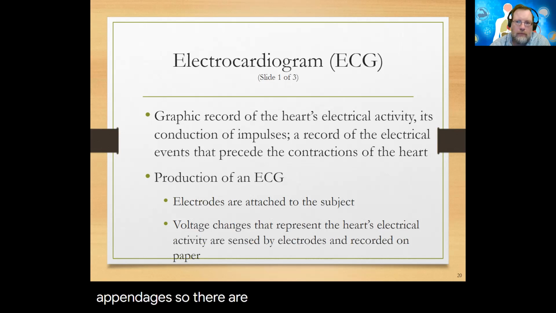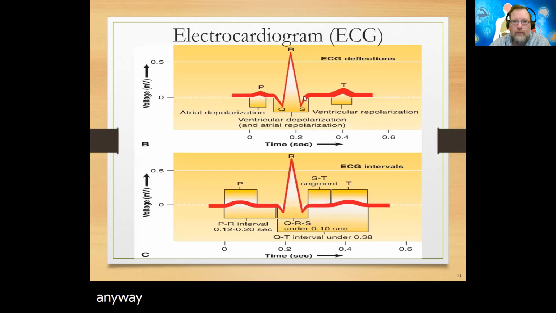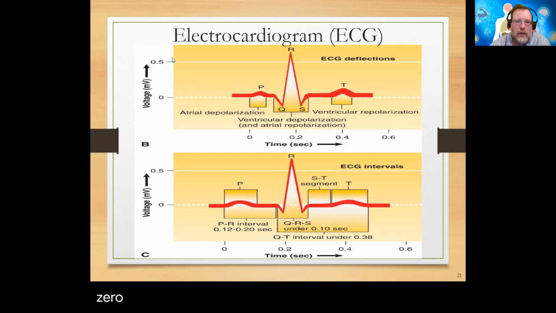So there are different lead settings that could determine what we see on an EKG. So anyway, this is what a typical EKG or ECG is going to look like. We see what's called a P wave, then this QRS complex, and then the T wave. Now, it has voltage over here, labeled 0 up to 0.5 millivolts.